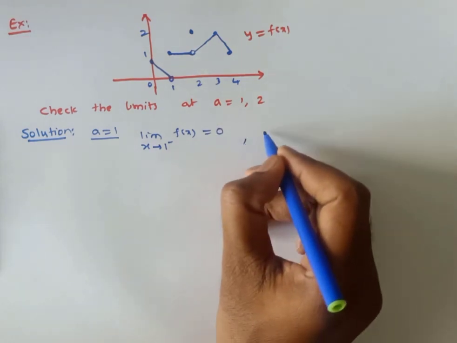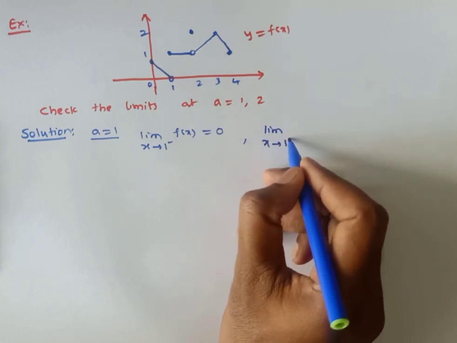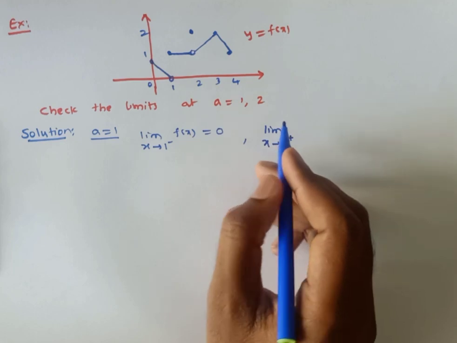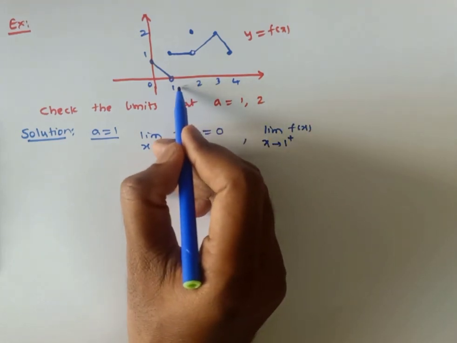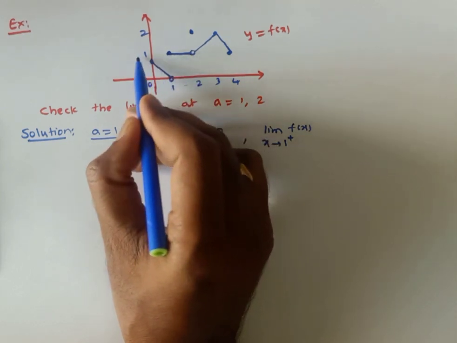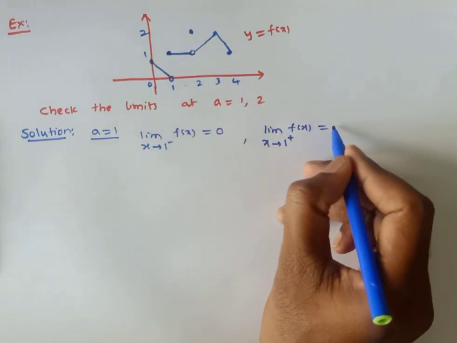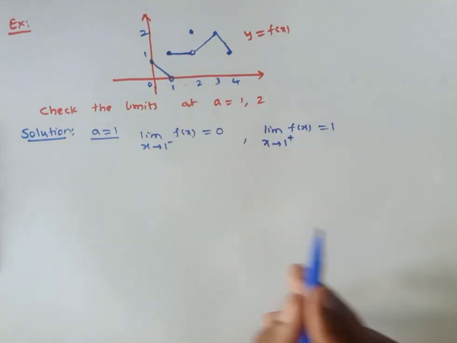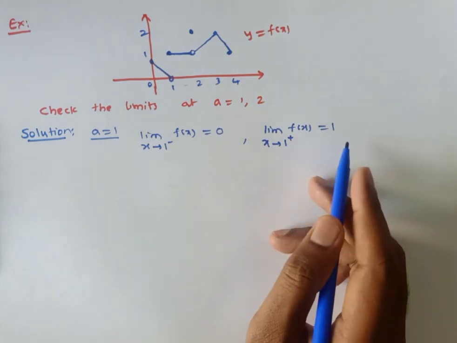And similarly the right hand limit, limit as x tends to 1 plus of f of x. As x approaches 1 from the right hand side, f of x approaches y value 1, therefore this is equal to 1. So the left hand limit exists, the right hand limit exists, but they are different.